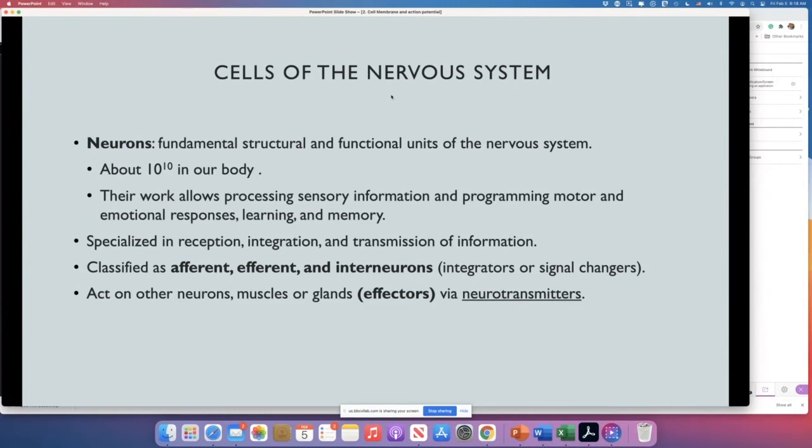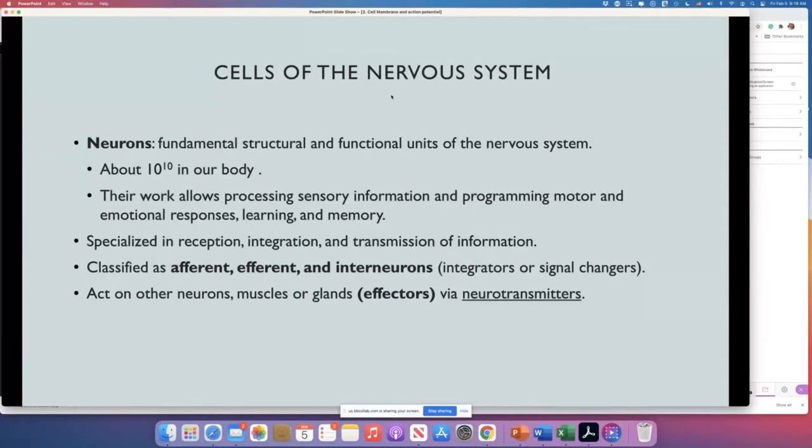This participates in many conscious and unconscious processes: emotions, learning, memory, and many other processes in our nervous system. We are going to see how they receive information from different sources, how they integrate it, and then transmit it either to other neurons or to effectors that could be muscles or glands.